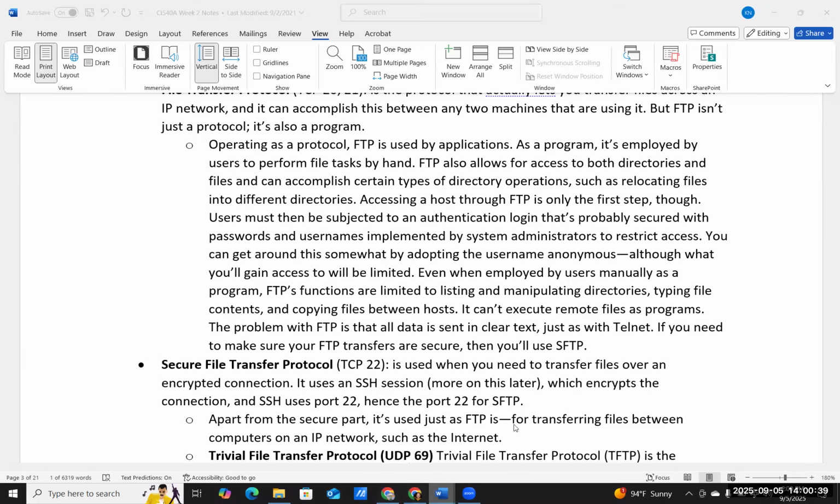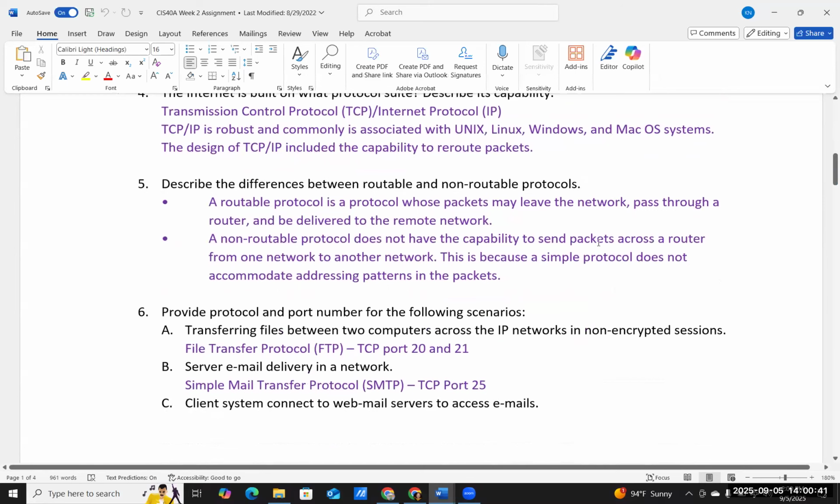So let's go through and answer the next question so you have a clearer picture. So we talked about FTP. Number 6 asks you to provide the protocol and the port number for the following scenario. You often see something like this on the certification, on our quiz or exam.